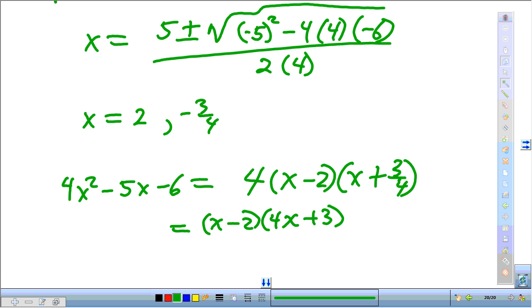So if we don't want fractions, we can write it all out in terms of whole number coefficients and constants. Now, we can factor every quadratic. We can use the quadratic formula.